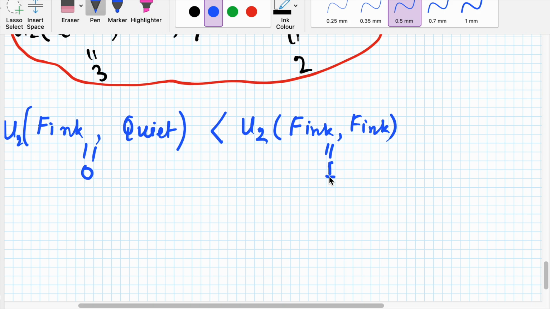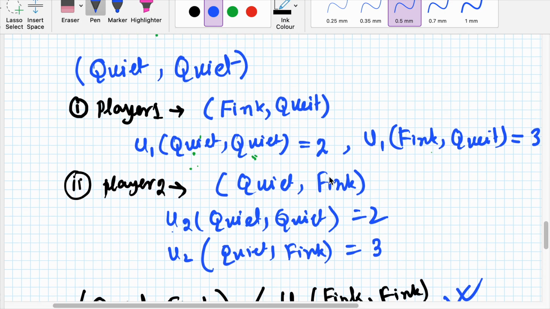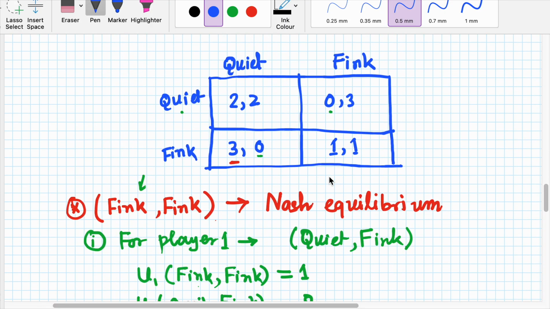So now we have seen that this game has only one Nash equilibrium, and this is a strict Nash equilibrium. This game is also capturing another property. Why is this called a dilemma?